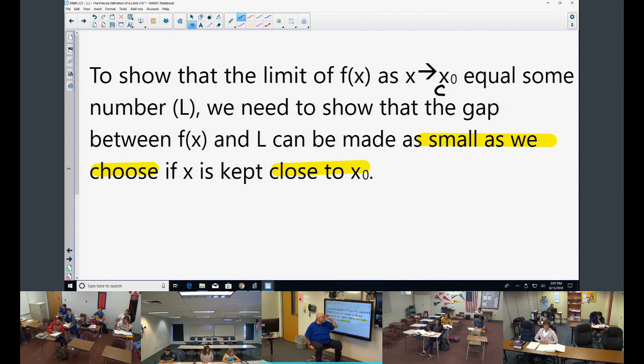To show that the limit is equal to some number L, we need to show that the gap between f of x and L can be made as small as we choose if x is kept close to x sub 0. So again, the idea is that we can get as close to the limit as we want by selecting the x value to be as close as we want. Okay.